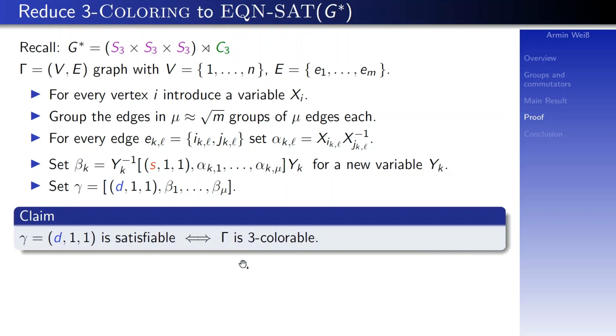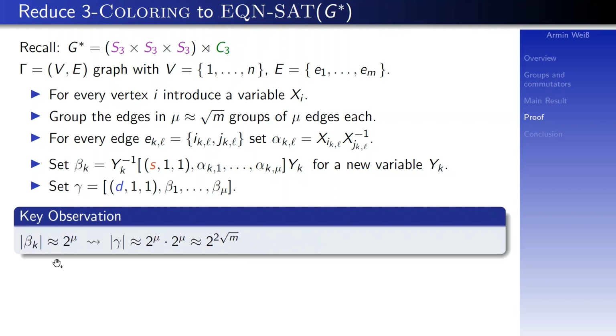Now, the essential step here is that these beta_k's now have length 2 to the mu. That's exactly the same calculation as we have seen before. But the good thing is that mu is not m, but only square root of m. Now gamma is again an iterated commutator of length mu, and each individual item in gamma also has length 2 to the mu.